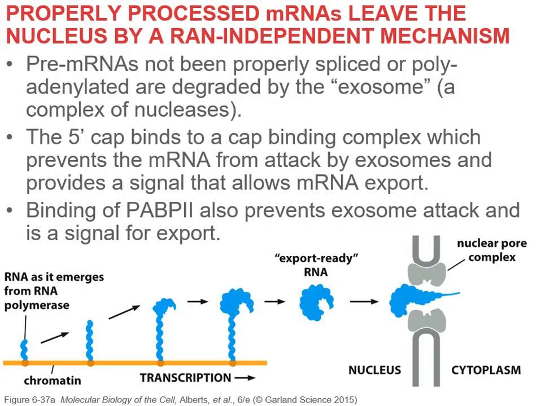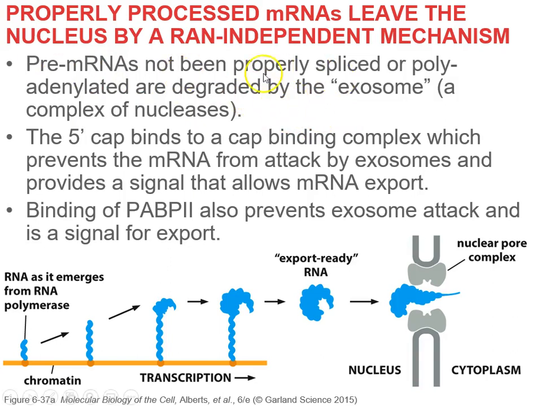So those are all examples of import and export involving RAN. But we also want to talk a little bit about messenger RNA leaving the nucleus, and we talked a little bit about this before. This happens independent of RAN. We did talk earlier that pre-messenger RNAs need to be spliced and polyadenylated.